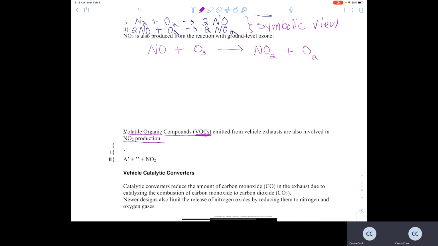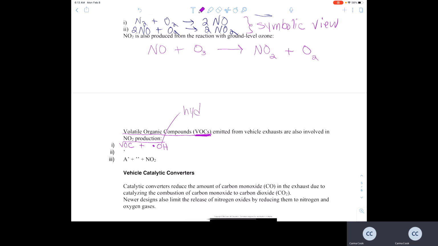So your VOC, your volatile organic compound, will react with what's called a radical. Radical compounds are known, and we'll learn more about this in a chapter coming up here. They're known by having a little single electron represented as a dot next to them. And this is a hydroxide, OH.